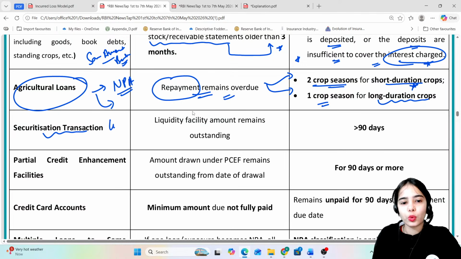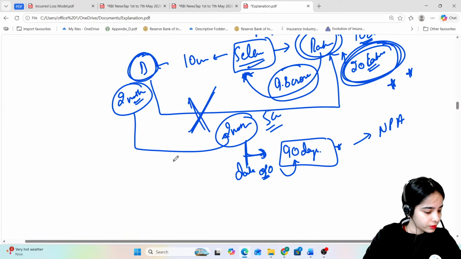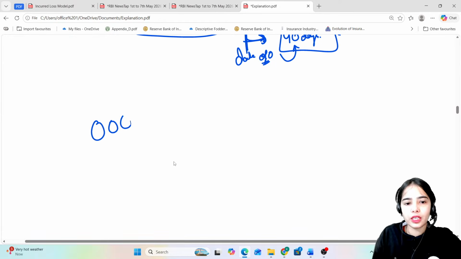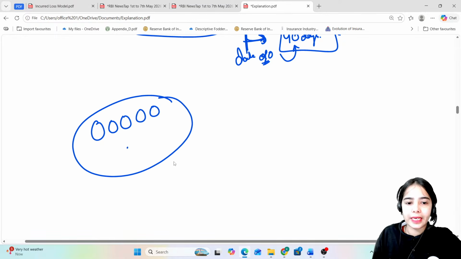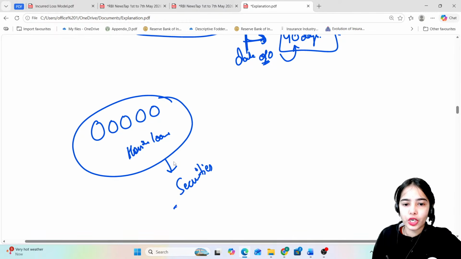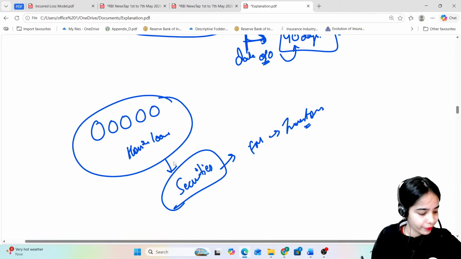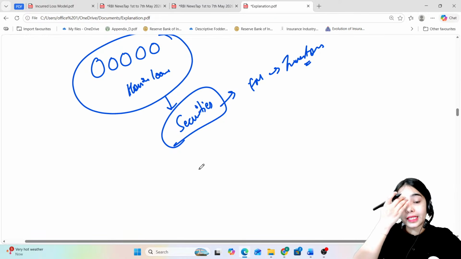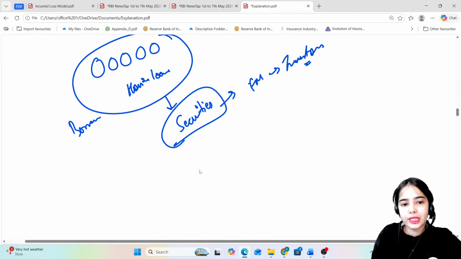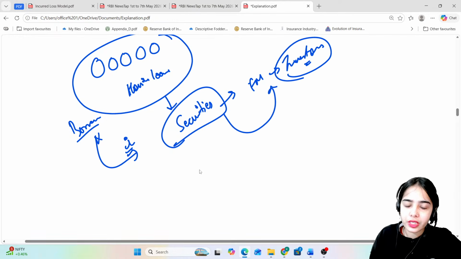Securitization transaction: the loans are converted into securities that are sold to investors. There are certain loans that are pooled together, like let's say housing loans, and they are converted into securities to be sold in the financial market to investors. Now let's say some of the borrowers are not paying the interest, so the investors will not receive the interest.